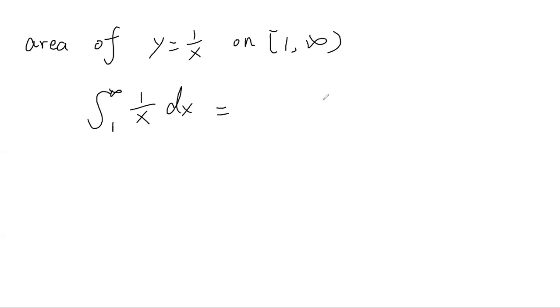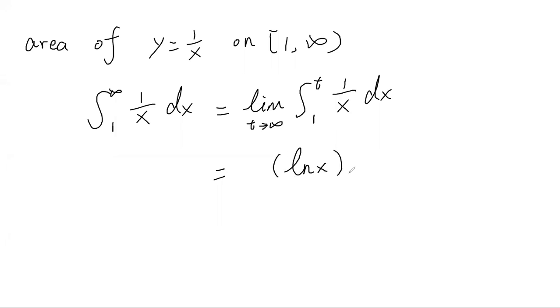And from the definition of the improper integral, this is equal to the limit as t approaches infinity of the integral from 1 to t of 1 over x dx. And then because the integral of 1 over x is natural log of x, it's natural log of x evaluated from 1 to t, and let t go to infinity. This is equal to the limit as t approaches infinity of natural log of t.